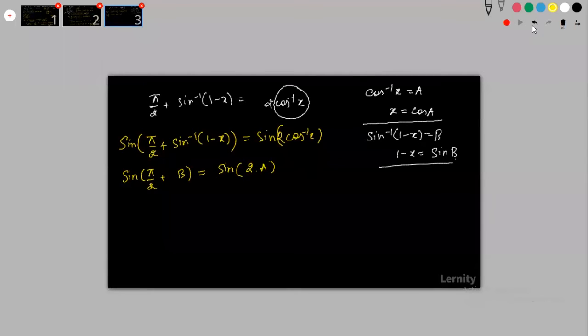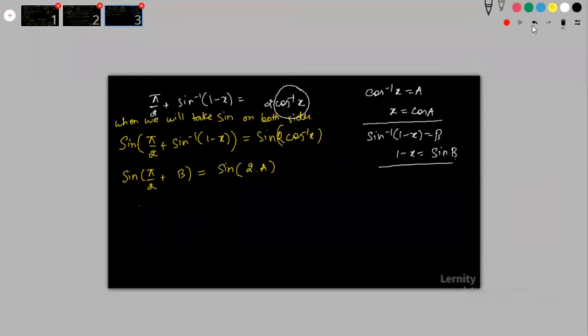Why am I taking cos instead of sine? When we take sine on both sides, see why this will be problematic.